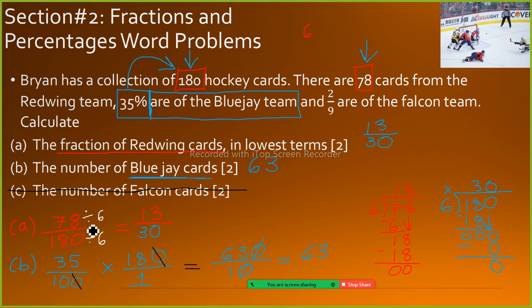So if we divide both top and bottom by 6, we get 13 over 30. That's how we do the first one. And then the second one, we need to figure out the number of Blue Jay cards, and all we need to do is 35% of 180. Okay, and that's how we get that particular answer. All right.